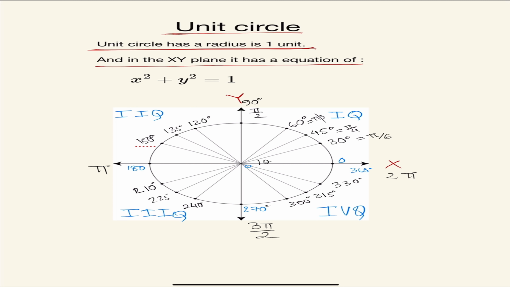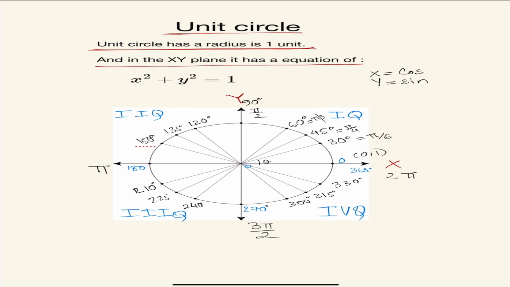So now here at 0 degrees, it's just 0 and 1. Here I have to mention x is cosine and y is sine.